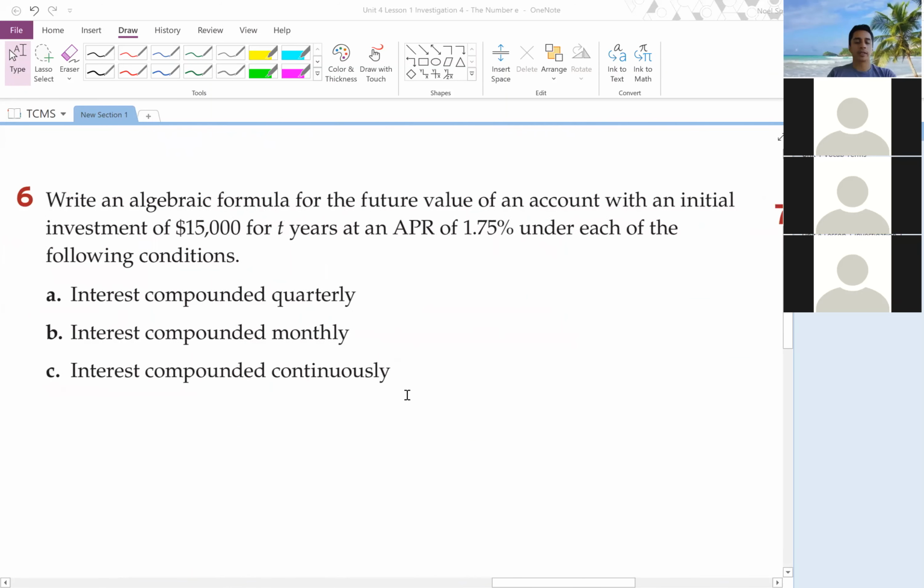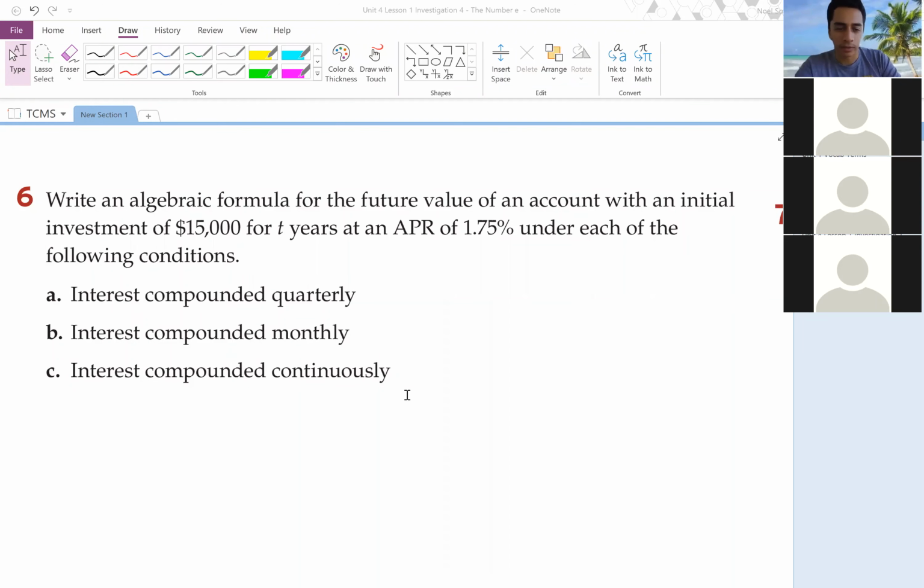Okay, so then here's where the interesting part happens, where you get to see the comparison between what it does when I'm compounding quarterly versus monthly versus continuously. Which one is the most beneficial for my own account, for my own money? So first off, for number 6, we're just writing the formulas. Write an algebraic formula for the future value of an account.